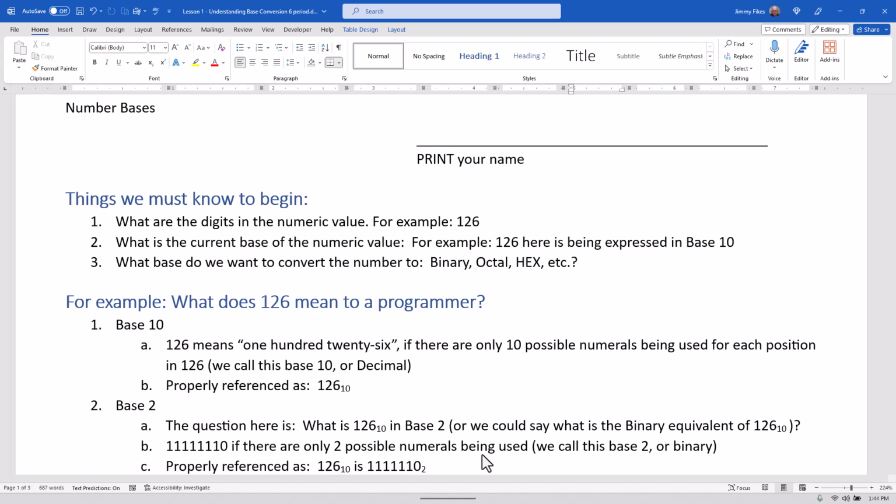Anyway, the digits 126, we assume, because we're in the English-speaking Western world, are base 10. So we need to know what the number is, which base we are going to convert that number to, or whether we even need to convert it. When would you absolutely have to convert a number to some base other than base 10?